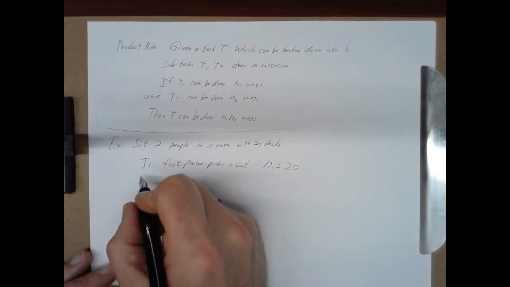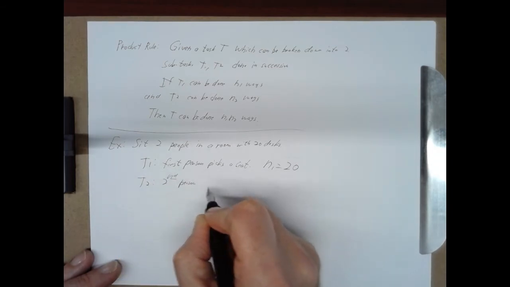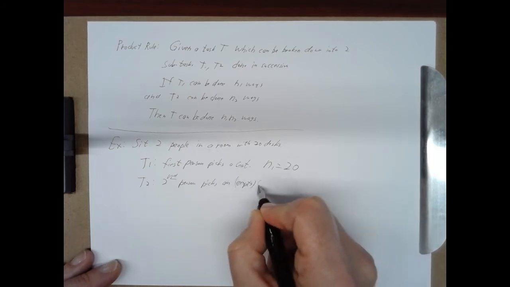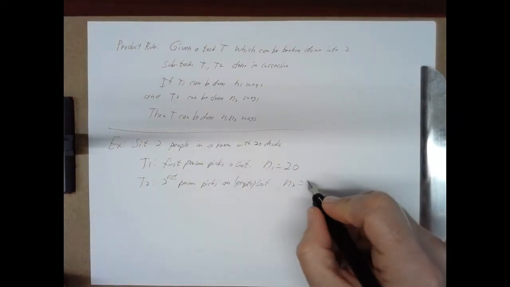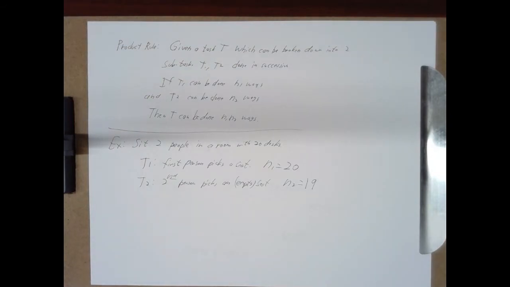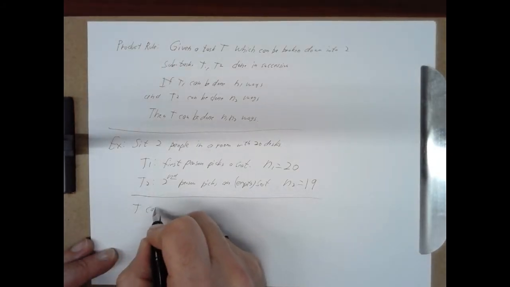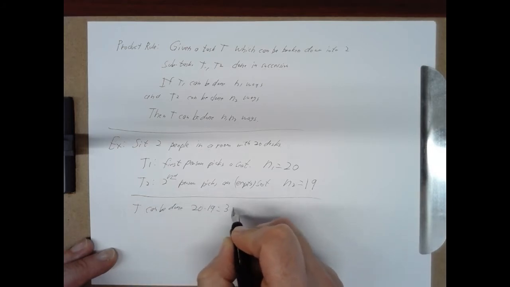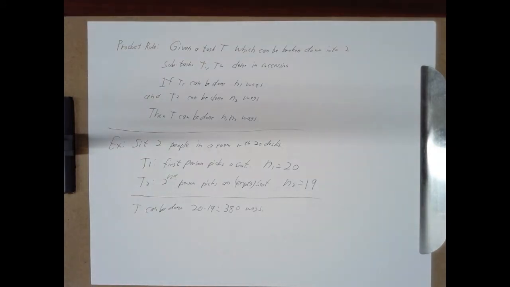After T1 is done, now we execute T2, where the second person picks an empty seat. How many ways can that be done? That's only 19 because one of the seats is occupied. So T2 can be accomplished 19 ways. So according to the product rule, T can be done 20 times 19, 380 ways. So there's 380 ways to sit two people in an empty room.